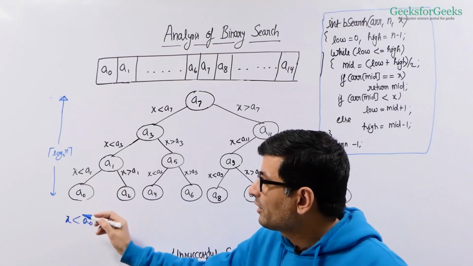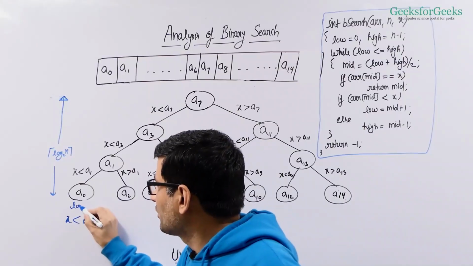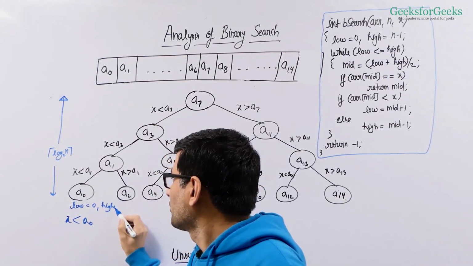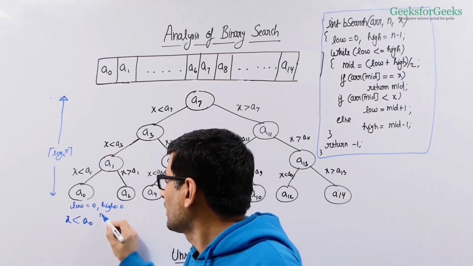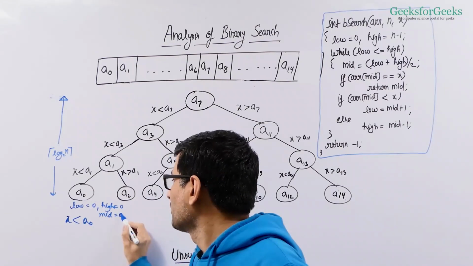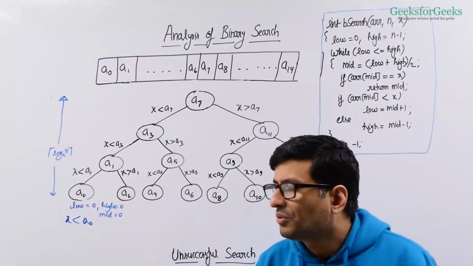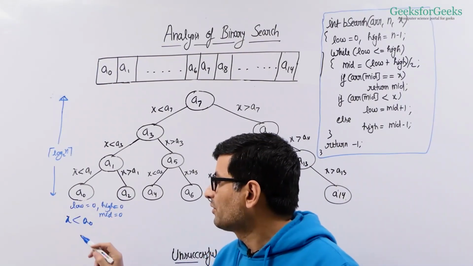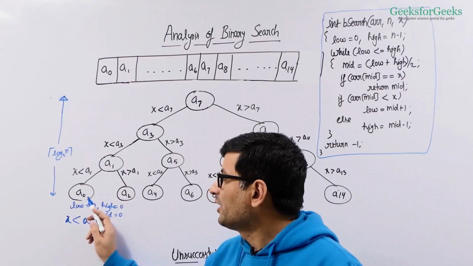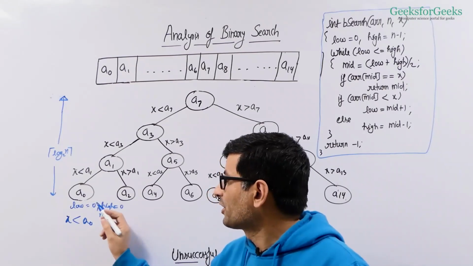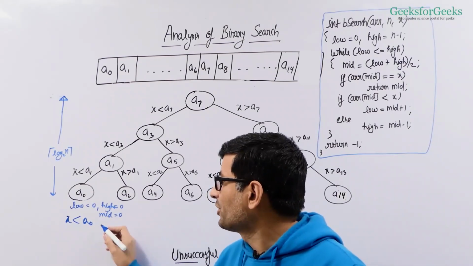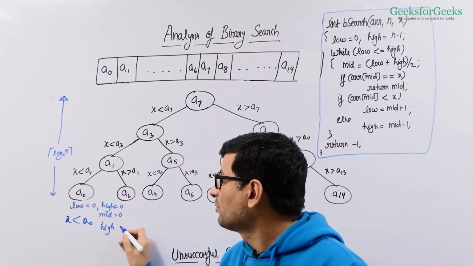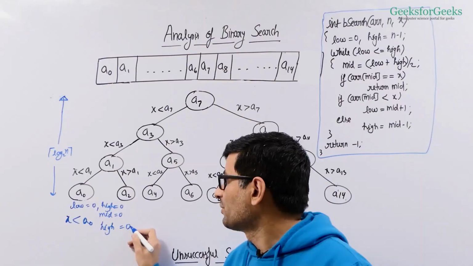And when you come to here, your low is going to be 0 and your high is also going to be 0. So we compute the mid as the first thing and mid turns out to be 0. So what are we going to do? We compare the mid element, which is A0 itself, with X, and A0 is greater than X. If mid is greater than X, we change high equal to mid minus 1, which is 0 minus 1.